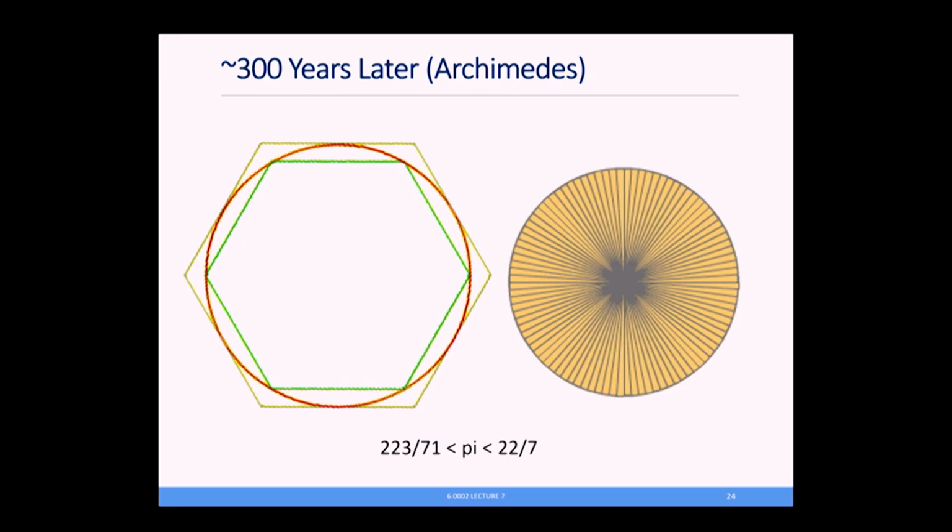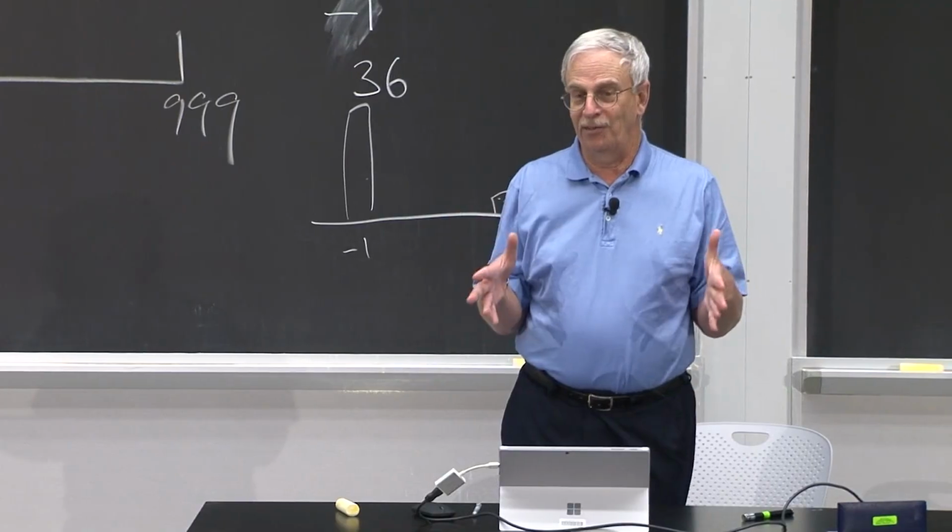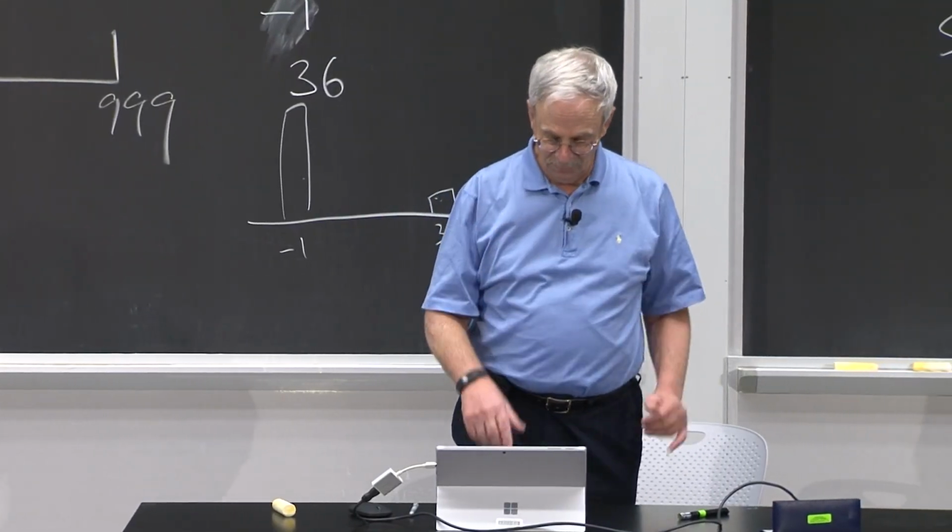And what he did is, since it was a polygon, he knew how to compute its area or its circumference, and he just counted things up. And he said, well, pi is somewhere between 223 over 71 and 22 over 7. And that turns out to actually, if you take the average of that, be a really good estimate.